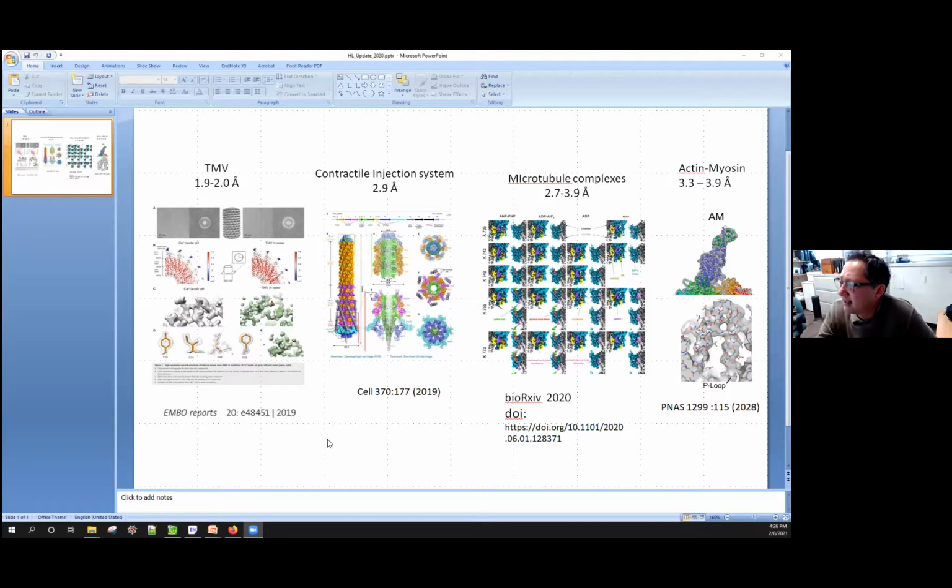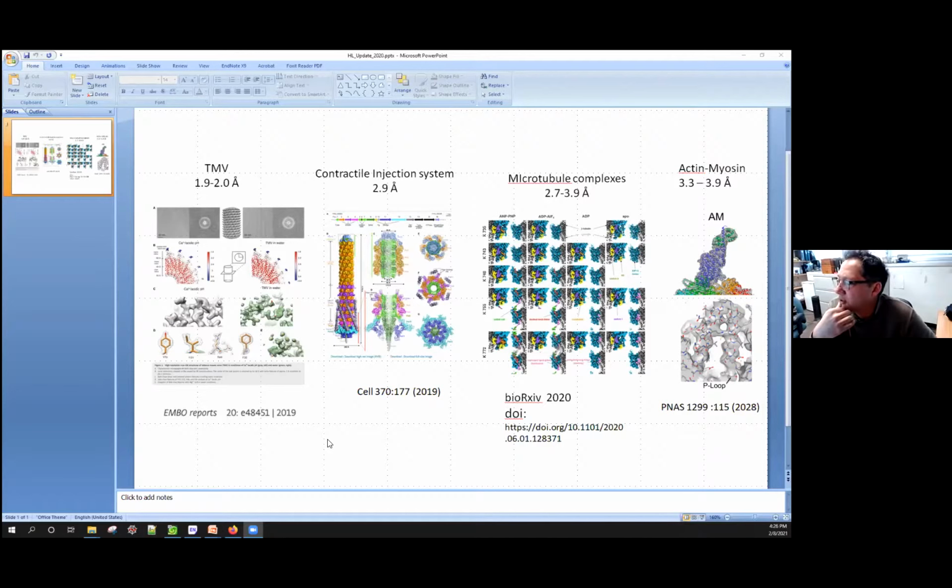So you can see there is TMB at 1.9 angstrom resolution. The size of each TMB subunit, I don't remember what it is, but it's on the order of 20 kilodaltons or so. So that's a very small protein. We work with kinesin proteins that are on the order of a 30 kilodalton motor domain.